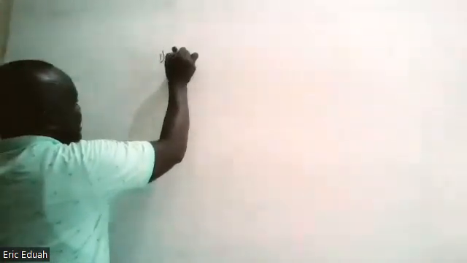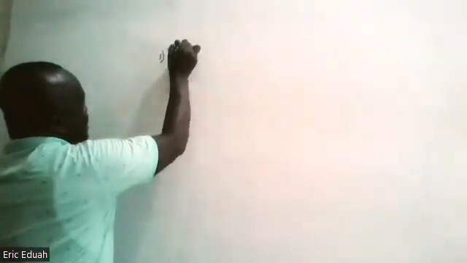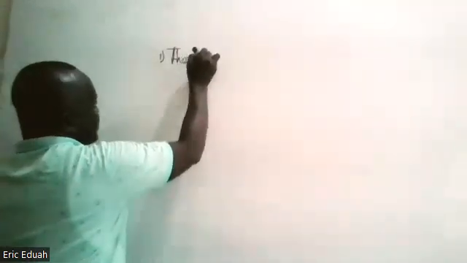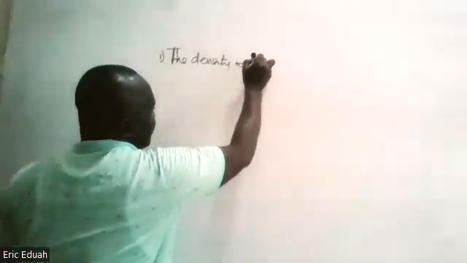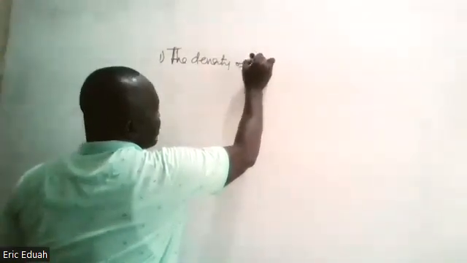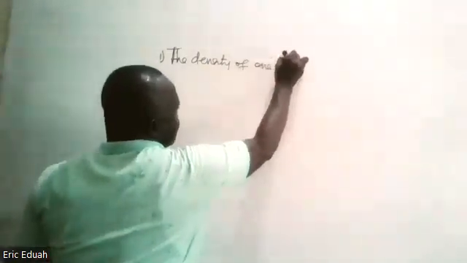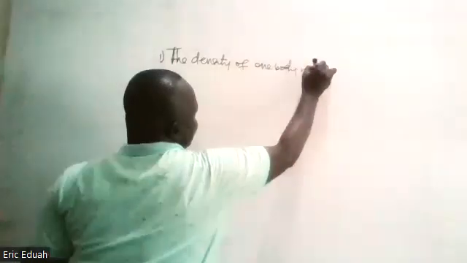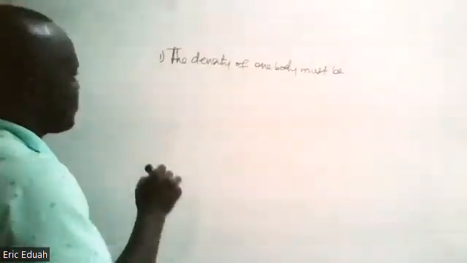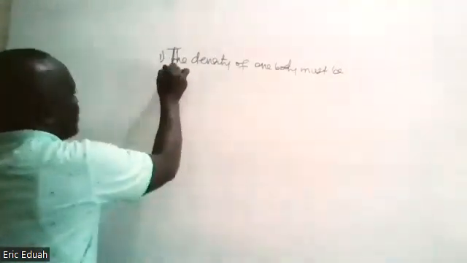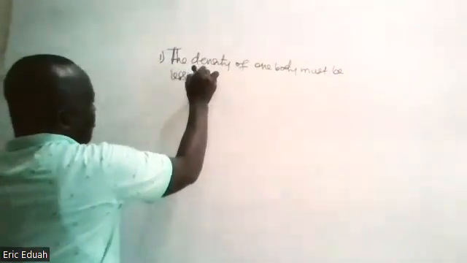So the first condition is that for a body to float, the density of one body must be less than the density of another.